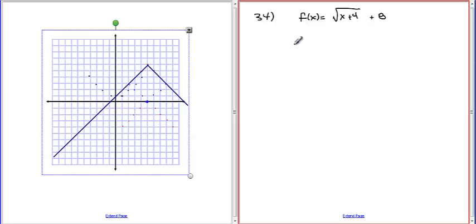So the translation, so we're going to shift left 4 units. Again, x plus 4 equals 0. Solve for x, you get x equals negative 4. So we go negative 4. And then we shift vertically. And we go up 8 units. Okay.